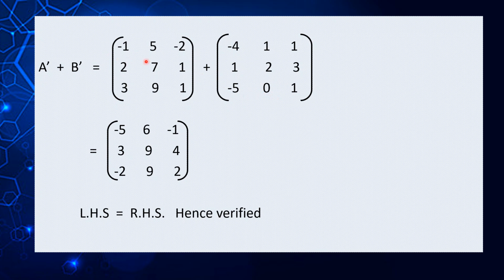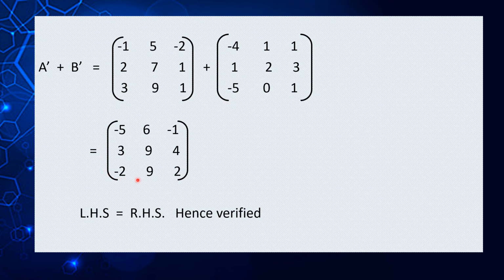That would be minus 1 plus minus 4 would be minus 5, 5 plus 1 would be 6, minus 2 plus 1 would be minus 1, 2 plus 1 would be 3, 7 plus 2 would be 9, 1 plus 3 would be 4, 3 plus minus 5 would be minus 2, 9 plus 0 would be 9, and 1 plus 1 would be 2.